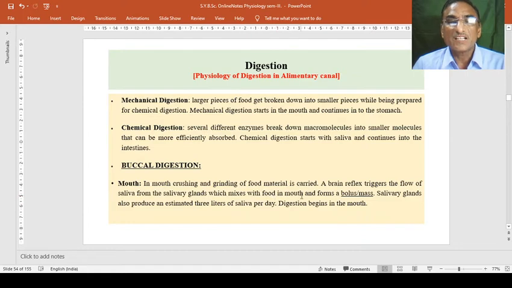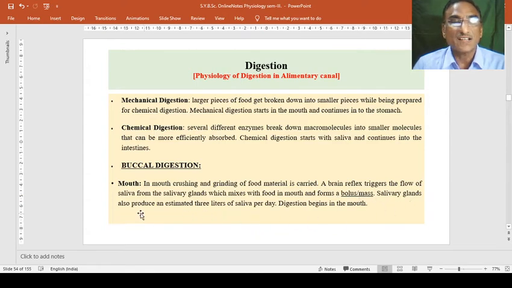Whatever food material is broken down in the mouth, the tongue rolls it and forms a bolus, which in Marathi we call घास. आपण अन्नाचा घास तयार करतो तो तोंडामध्ये माउथ आणि टंग या दोघांच्या सहाय्याने मिक्सअप केला जातो फूडला सलायवाशी, and that is nothing but the bolus.